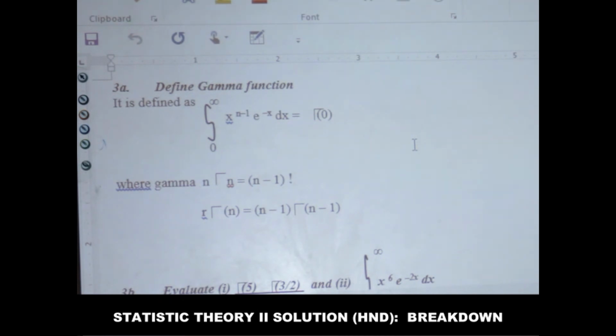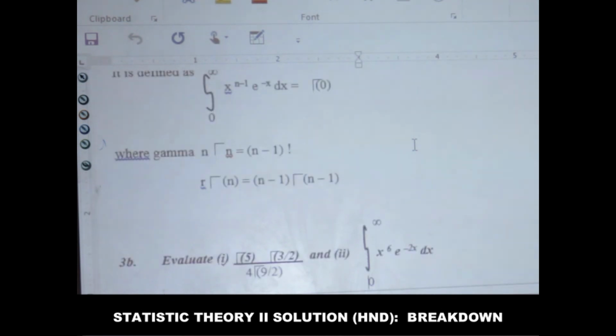And we have that the gamma function is defined as the integral from 0 to infinity of x raised to power n minus 1 exponential minus x dx, equals gamma n. Where gamma n, meaning gamma n equals n minus 1 close the bracket factorial.